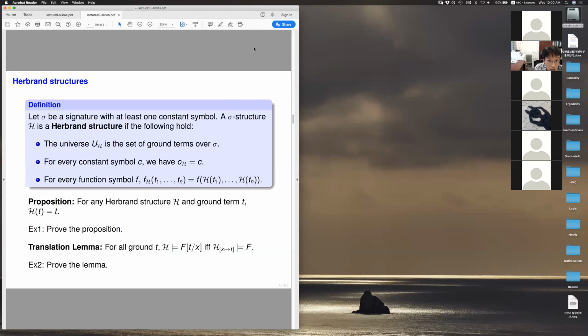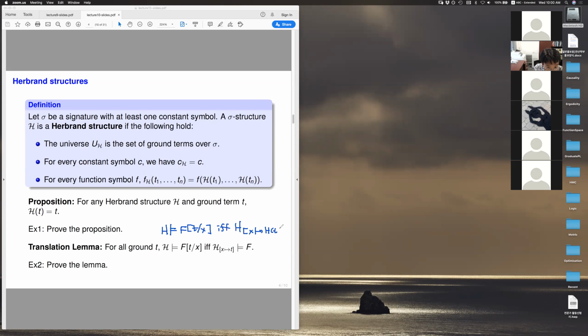The original translation lemma was a bit more complex. The original translation lemma was written like this: H satisfies F with T replacing X, where T satisfies some conditions on bound variables, if and only if H with X mapped to H of T satisfies F. You can easily see the proof.